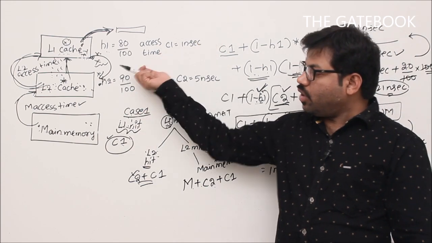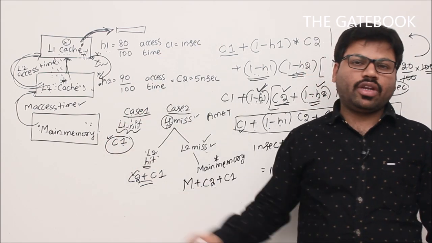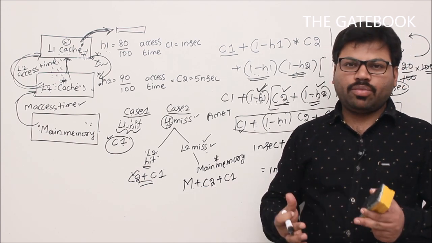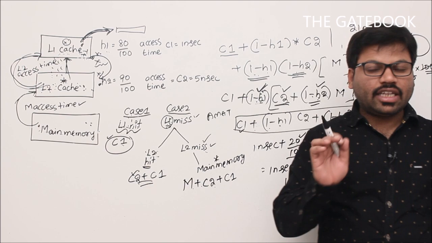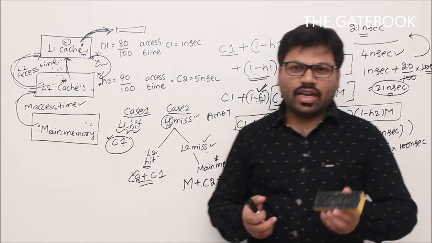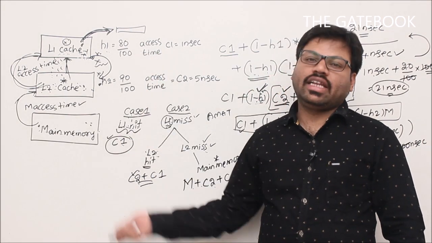If we miss in L2 cache, then only we come to main memory. That means we are reducing the possibility of coming to main memory. That is a very important point in multi-level cache. Okay, this is all about accessing the multi-level cache.